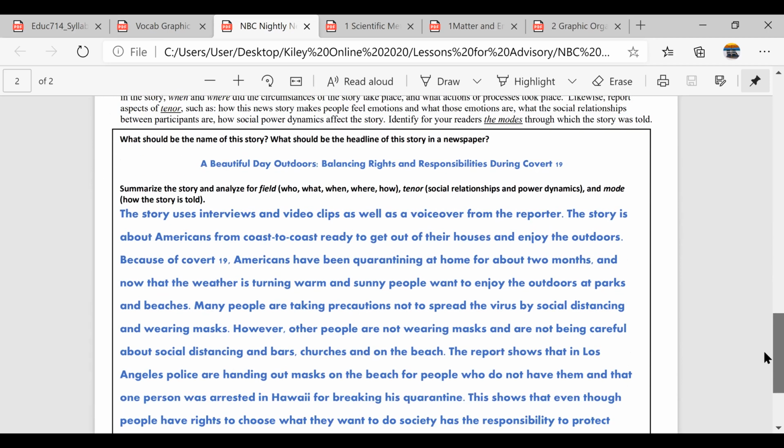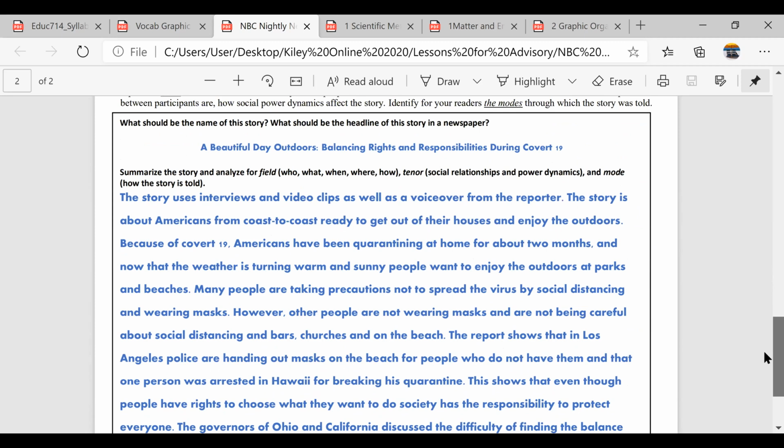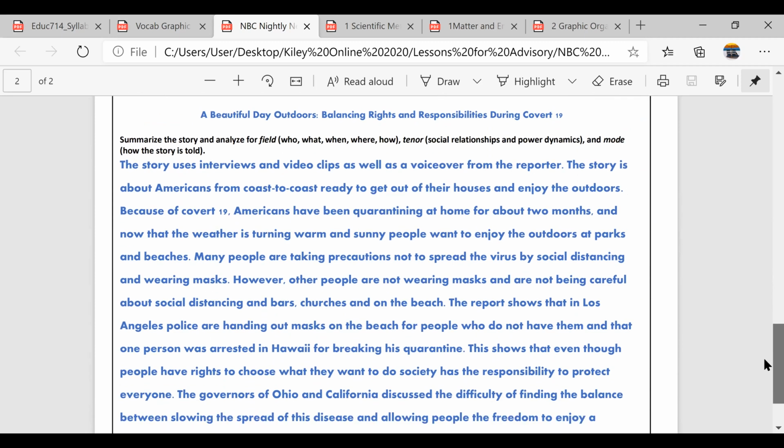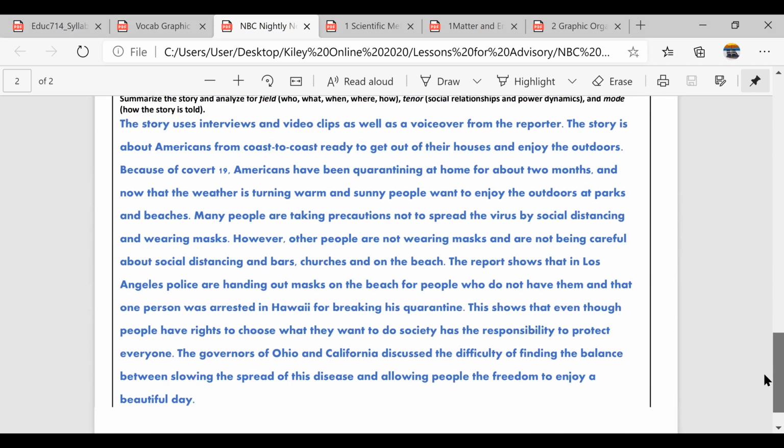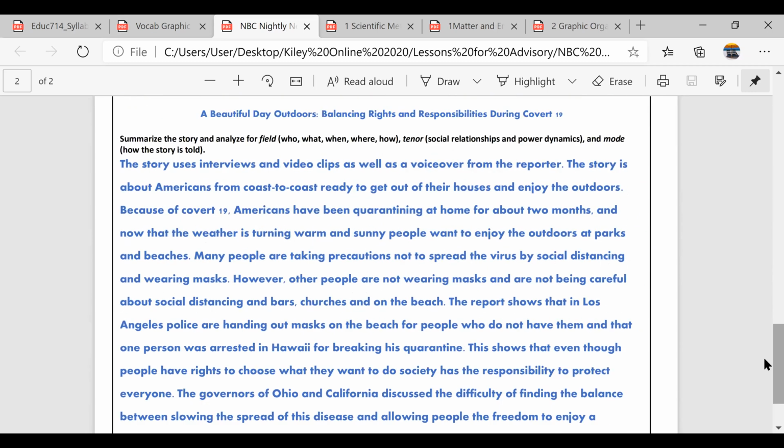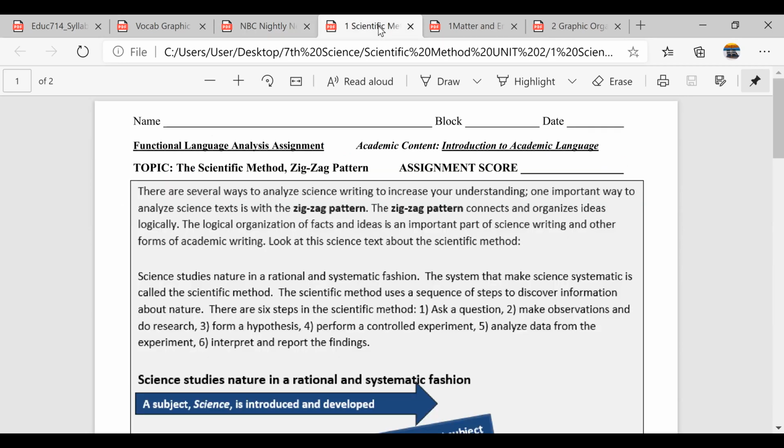If this was going to be a headline, what is the headline to the story? And we write a summary of the story using our analysis of who, what, when, where, and how for the field, and tenor, the social relationships and power dynamics. And we explain the mode, how the story was told. So those are examples of teaching field, tenor, and mode.